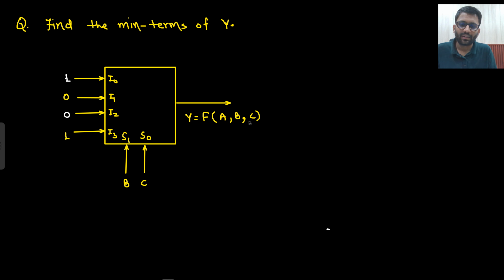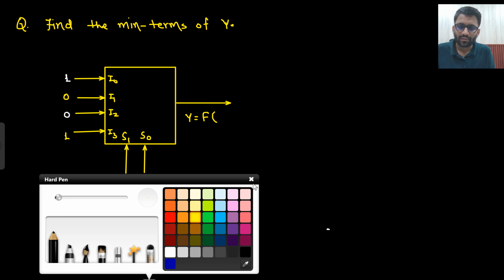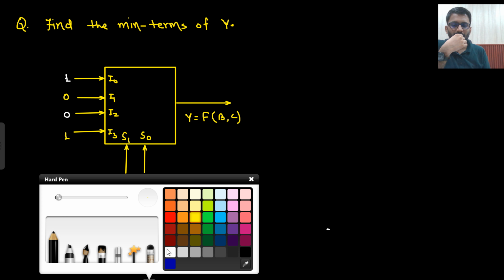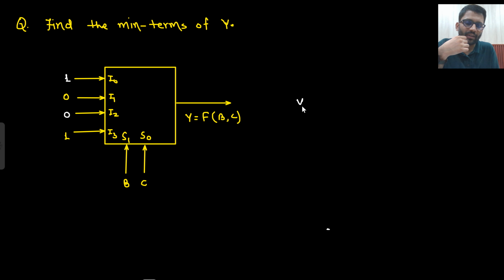Now this is the new question, and the output will not have A now, because A is gone. So the output will be a function of B and C only. Now you need to write down the minterms of the output. So let's write it down by the conventional method. That would be simply, if B is not there and C is not there, then 1 is coming.